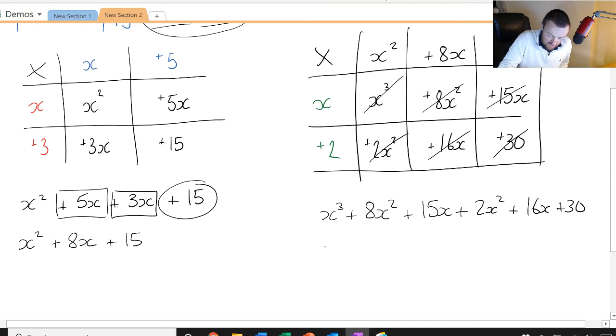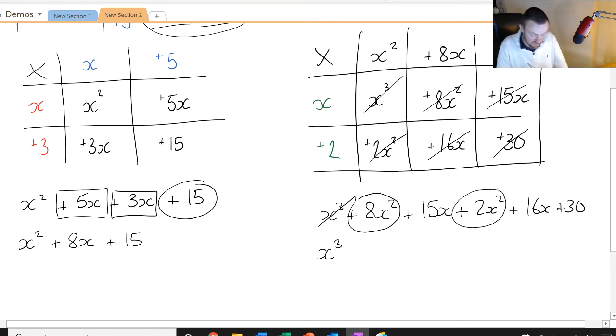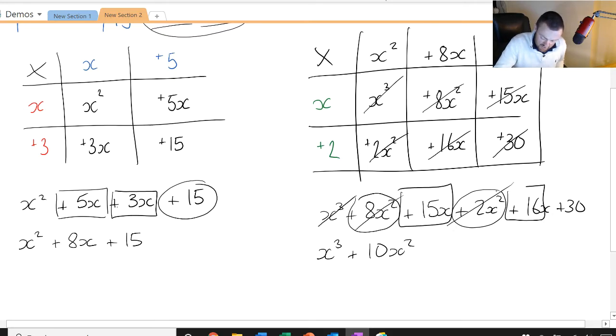Perfect. Okay, so now group together the x squareds. There's only one of them. Now we've got this plus 8x squared and this plus 2x squared, which in total gives us plus 10x squared. Now let's deal with the x's. Again, I always suggest including the sign that comes before them.